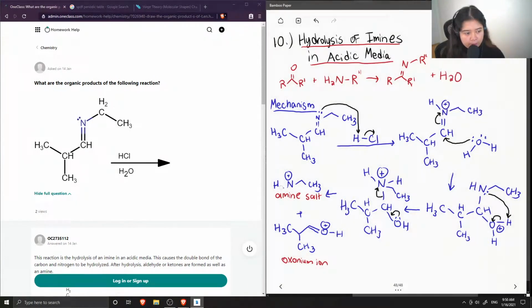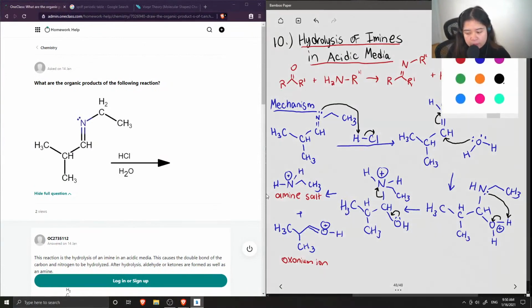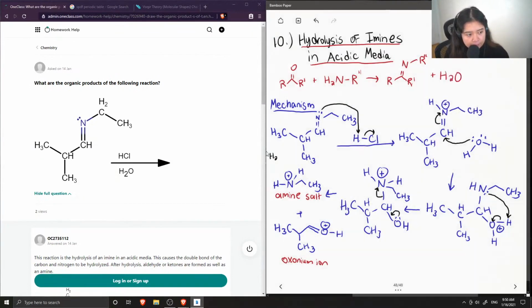So notice that both of these products have a positive charge. So this is when a water molecule can come in and abstract the protons.